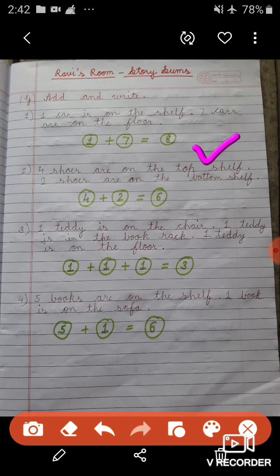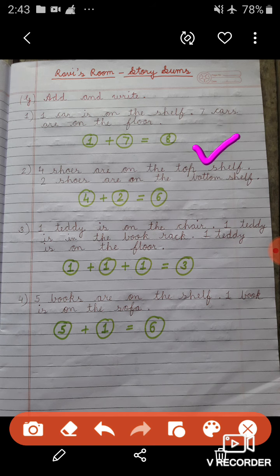Now the next question: 4 shoes are on the top shelf, 2 shoes are on the bottom shelf. So students, first of all you have to mention this question. Now let's solve this sum. Ravi has 4 shoes on the top shelf and 2 shoes on the bottom shelf.